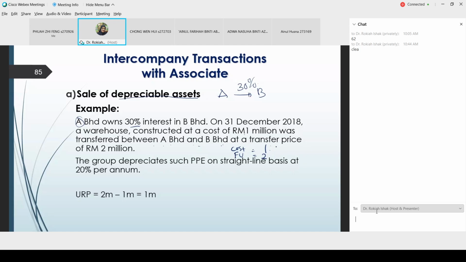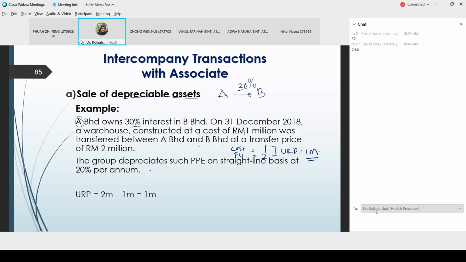So there is an element of URP of 1 million, because the cost is only 1 million, but the selling price is 2 million.